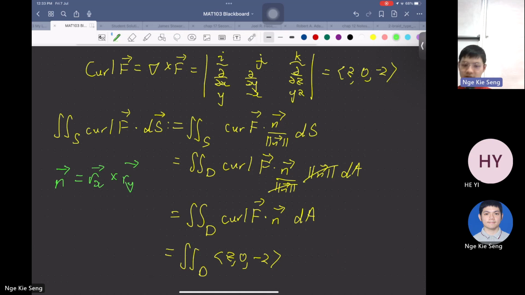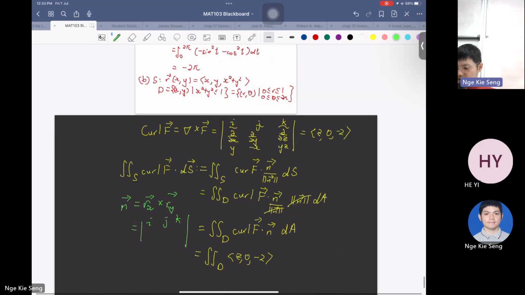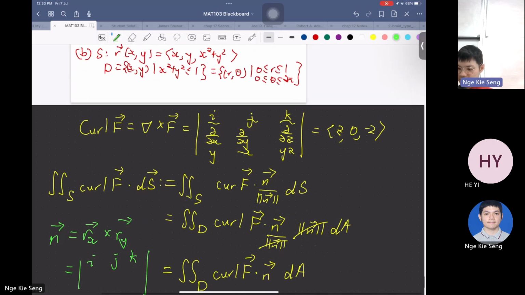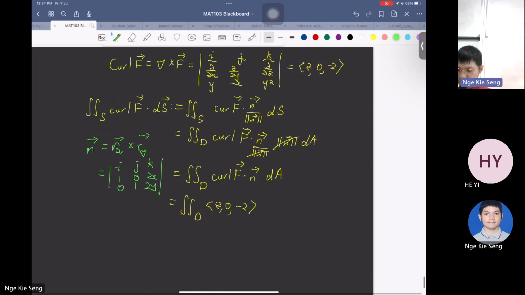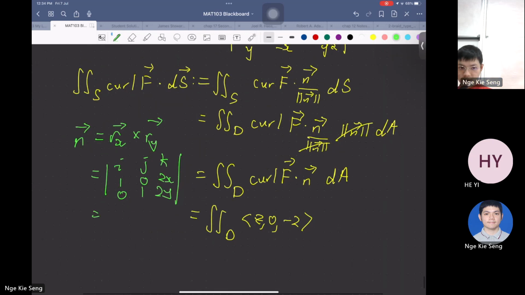So what is Rx in our case here? Anyone still have the formula? Here. Rx is 1, 0, minus 2x. What is Ry? 0, 1, and minus 2y. So all together we get minus 2x, minus 2y, and 1.